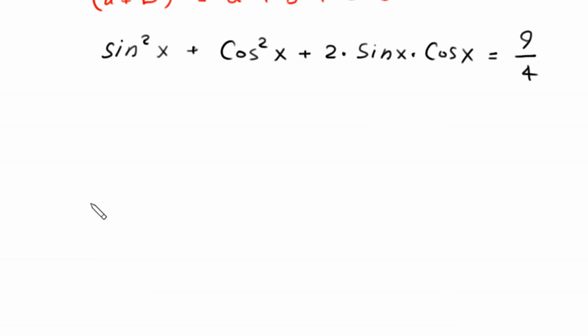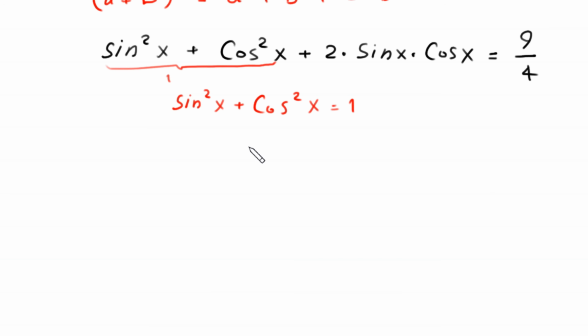Now according to this trigonometric identity, sin squared of x plus cos squared of x equals 1. We replace this sin squared of x plus cos squared of x with 1.